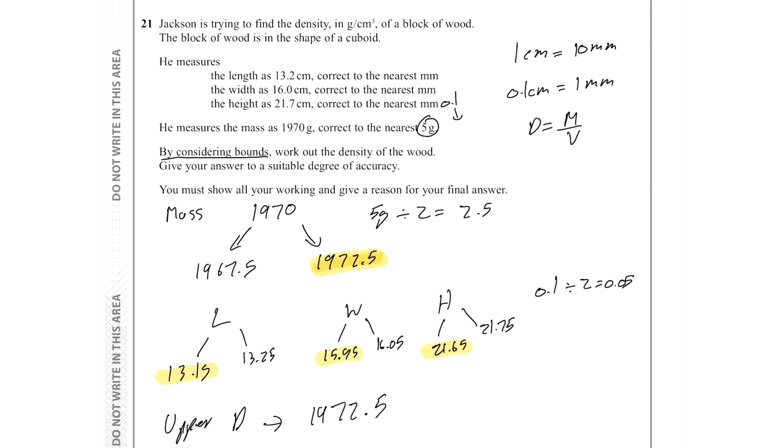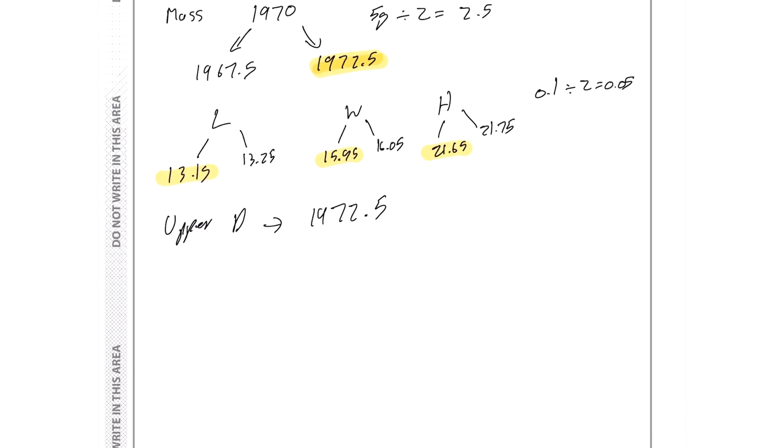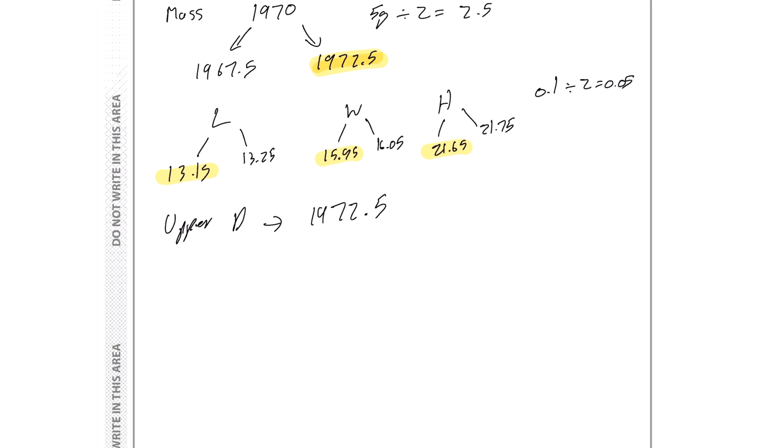The volume of this cuboid is going to be length times width times height, so we divide 1972.5 by 13.15 times 15.95 times 21.65, and that will give us 0.4343828.